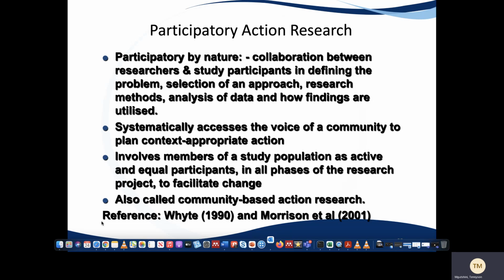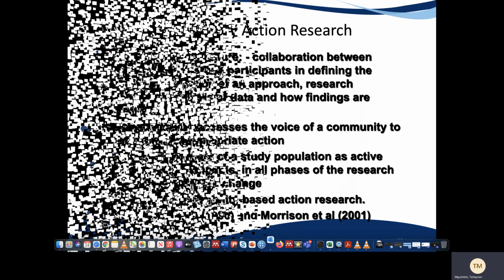And it systematically is about accessing and utilizing the voice of a community to plan context appropriate action. And of course, by virtue of the nature of collaboration, the individuals in the affected population are in themselves now acting as researchers. They're equal participants in all phases of the study as far as is possible. And sometimes people have referred to it as community-based action research.